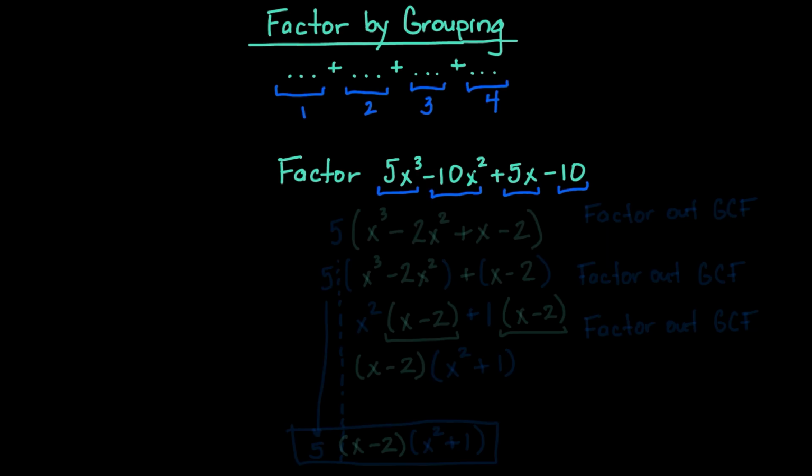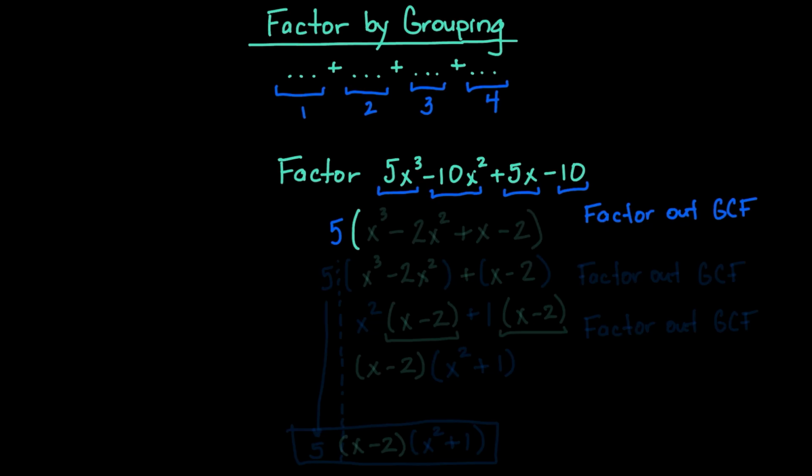I notice I have 5, 10, 5, and 10 as coefficients, so I'm going to go ahead and factor out the GCF first. You do not have to. You could do it at the end. But anytime I'm approached with a problem that I have to factor, I check to see, can I make the problem simpler by first factoring out a GCF.